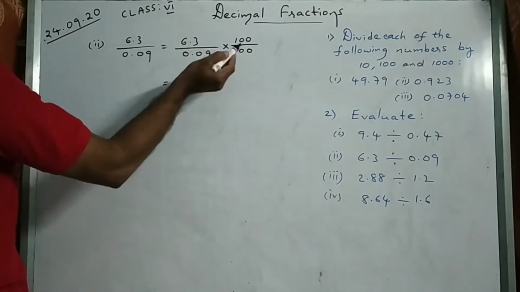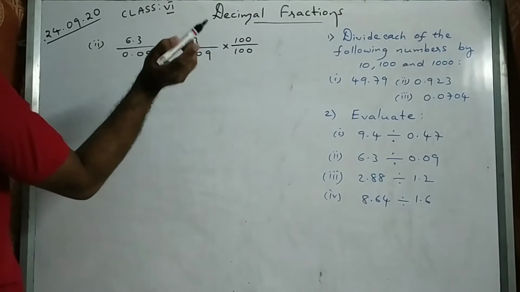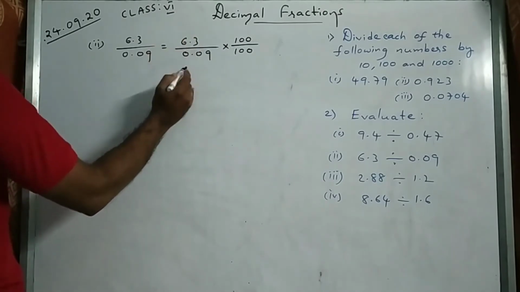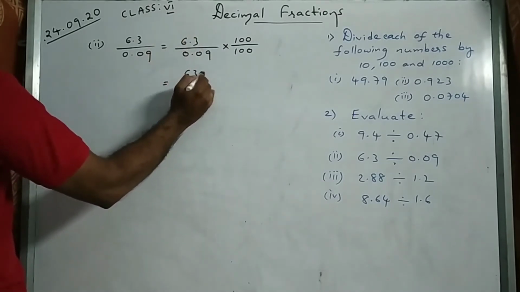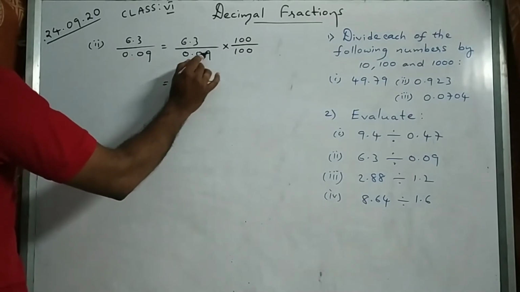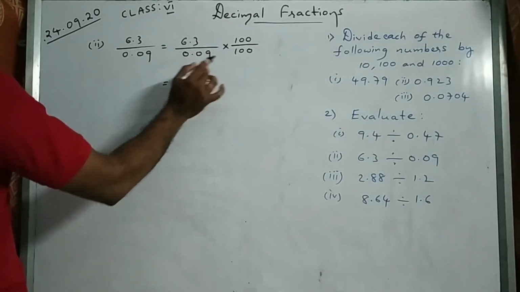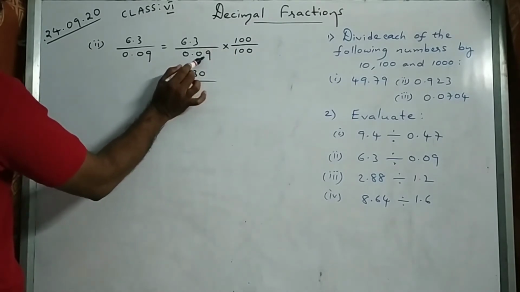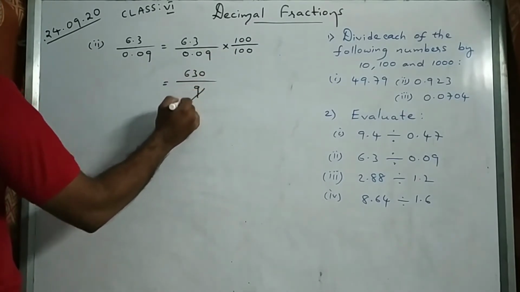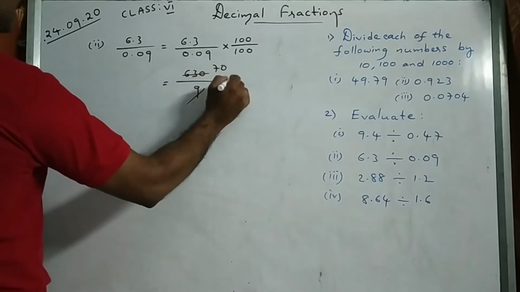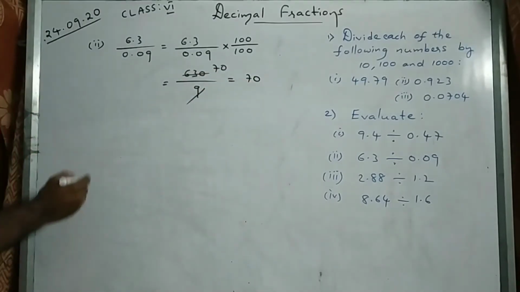This will be moving towards the right side 2 digits. But here we have 1 digit, so the other digit must be 0. By 09, after you will get the decimal. So the decimal will be moving towards the right side, how many digits? 1, 2. So it will be 9. 9 7s are 63. Answer is 70.